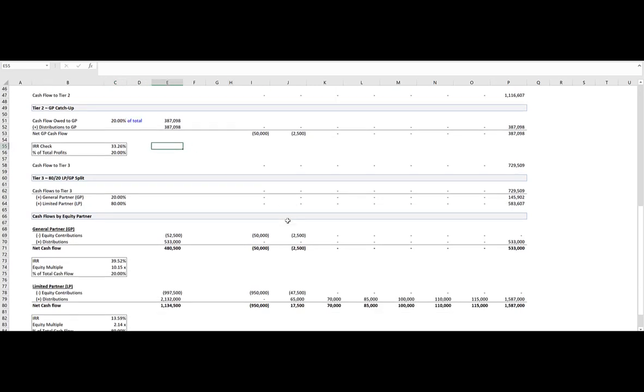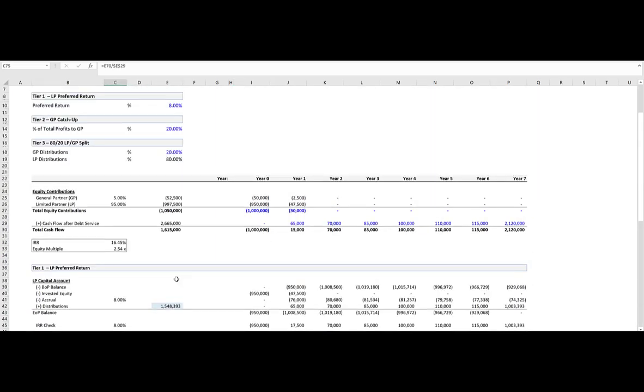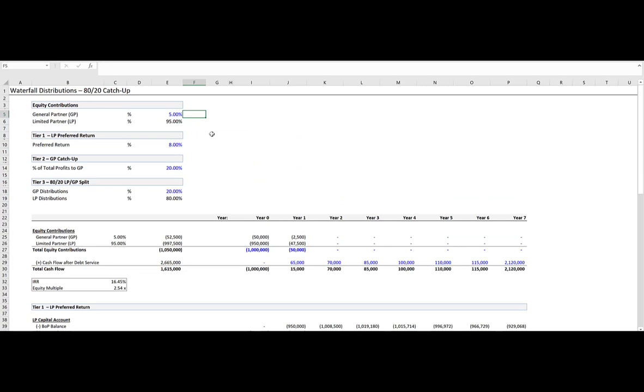Then above that, all cash flows flow into Tier 3, in which they're split 80-20, LP, GP. So essentially, as long as you achieve or exceed the Tier 2 hurdle, the total deal level cash flows will be split 80-20 between the LP and the GP, which this confirms down here. So hopefully you found that helpful, and let me know if you have any questions.